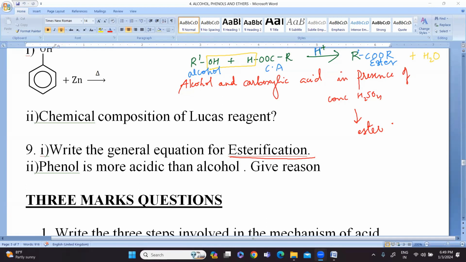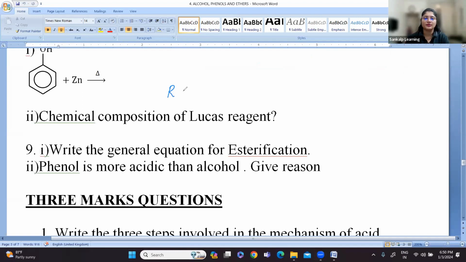What can be the reason, students? Don't know? So this is alcohol and this is phenol.